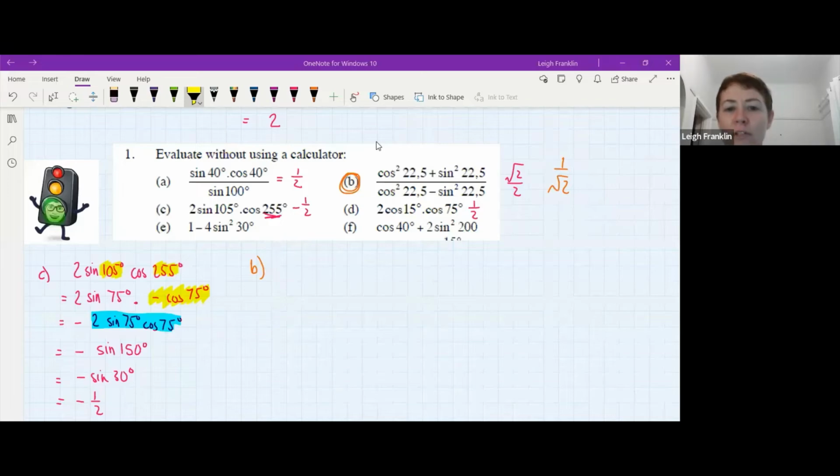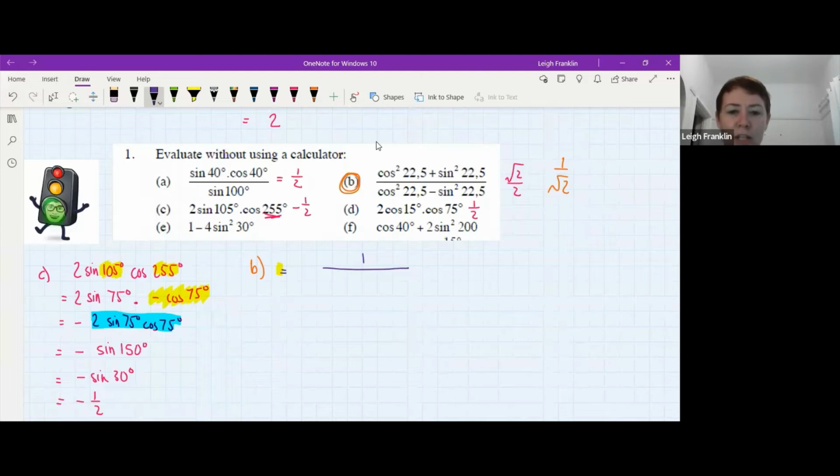Okay, now cos squared 22.5 plus sine squared 22.5 is equal to what? Cos squared theta plus sine squared theta is? 1. 1, exactly. Okay, so the numerator is 1.